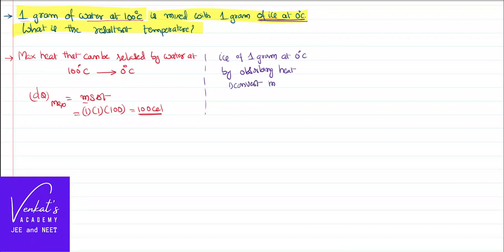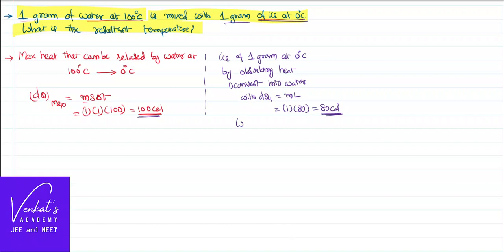Convert into water, with how much heat energy? dQ1 equal to mL. Mass is 1 gram. Latent heat of ice is 80 calories per gram, so that is equal to 80 calories. So out of the maximum 100 calories available, 80 calories is used by the ice to convert into water.